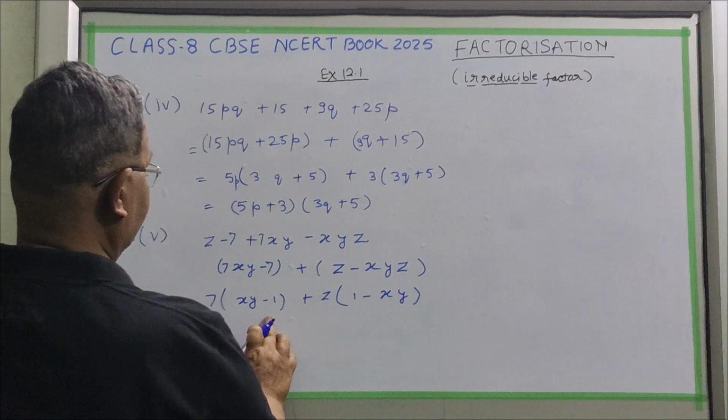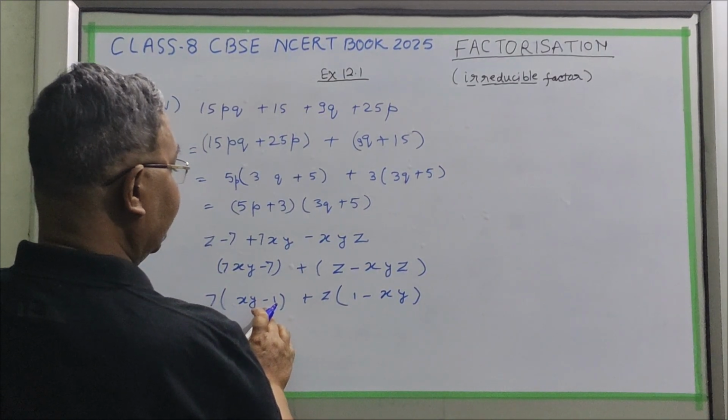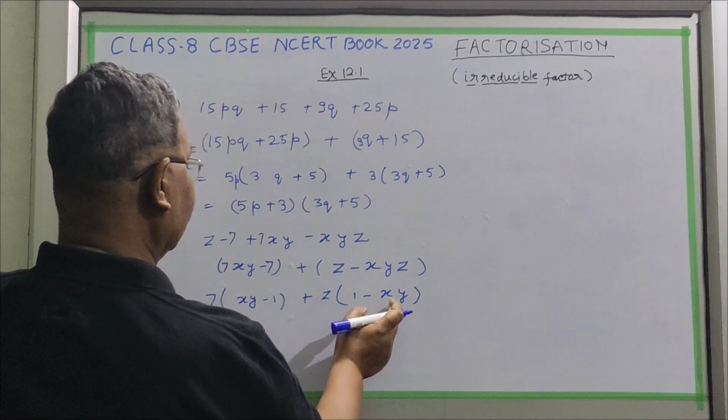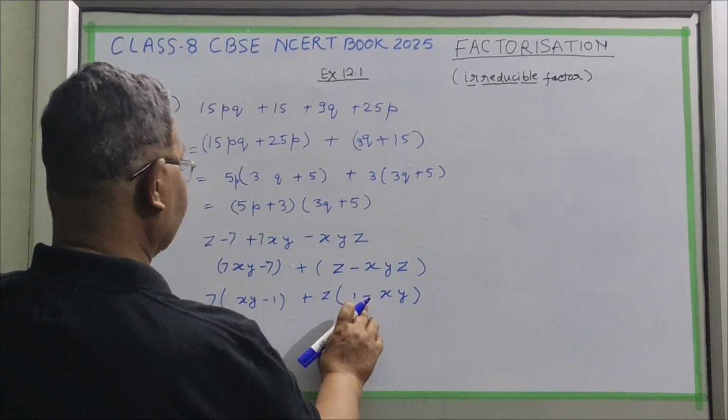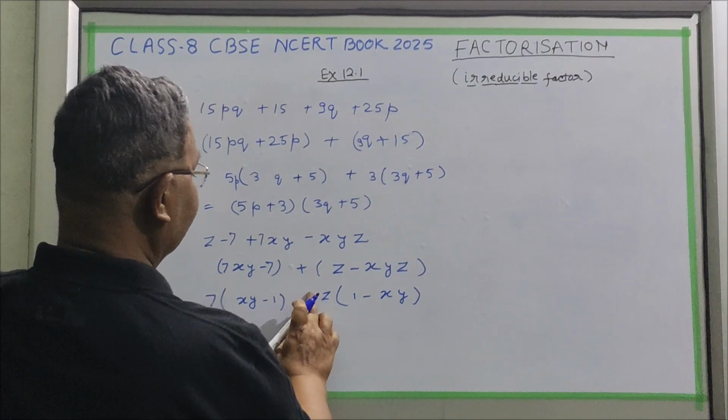So x minus 1. And if we want xy as a positive number, so we want xy as a positive number.